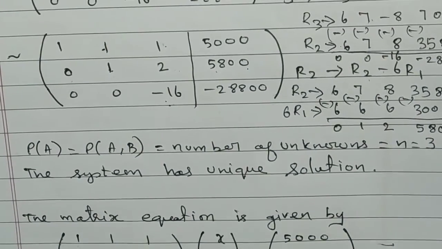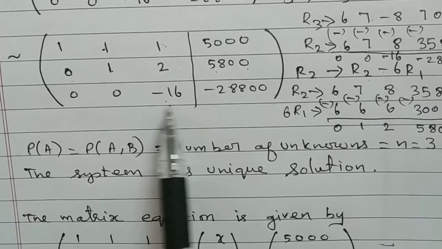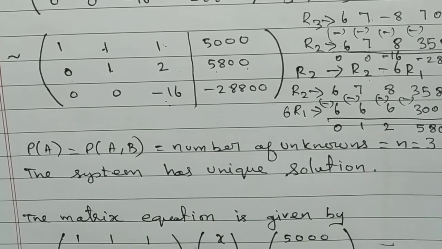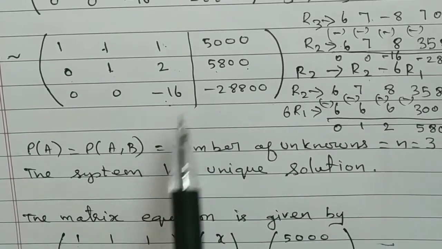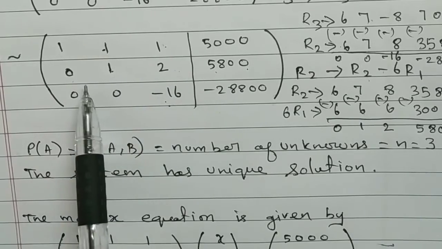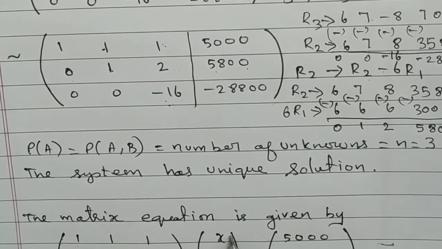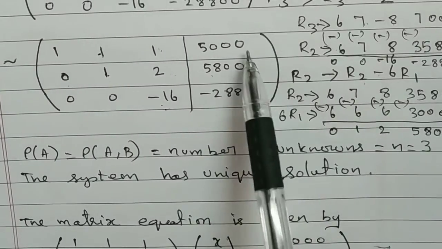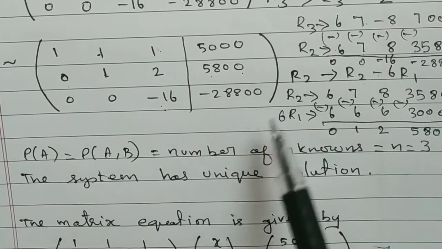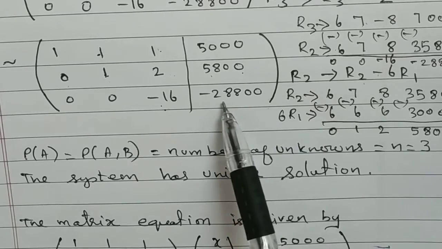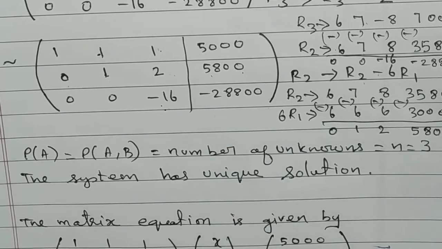So next one, the given format, make it into the matrix form. So the matrix equation is given by 1 1 1, 0 1 2, 0 0 minus 16, times x, y, z, equal to 5,000, 5,800, minus 28,800.